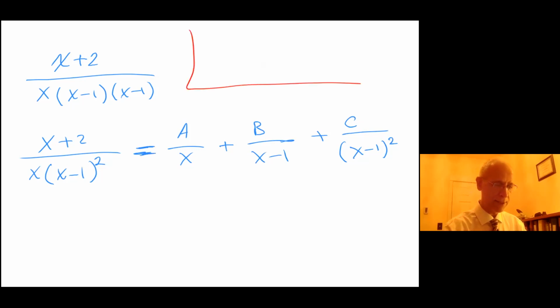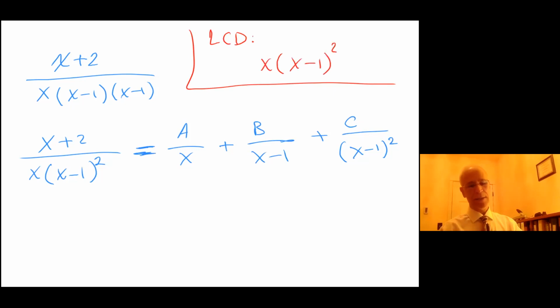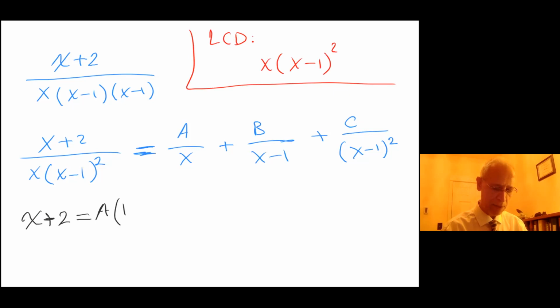We know that the LCD is x times x minus 1 quantity squared. If I multiply both sides of this equation, on the left-hand side, I only have x plus 2. On the right-hand side, I'm going to get A times x minus 1 to the second, plus B times x times x minus 1, plus C times x.